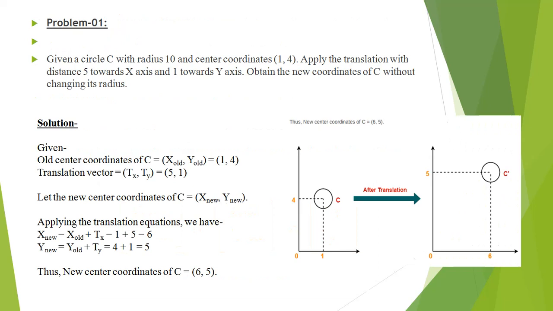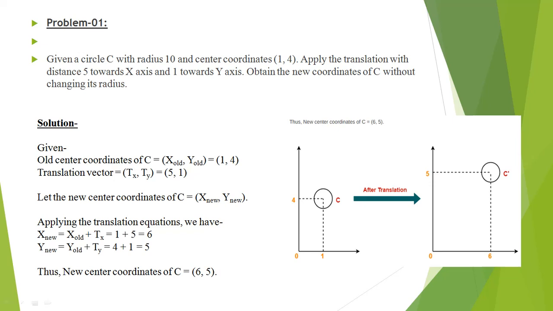The problem statement is: given a circle C with radius 10 and center coordinates 1, 4, apply a translation with distance 5 towards the x-axis and 1 towards the y-axis. Obtain the new coordinates of C without changing its radius.